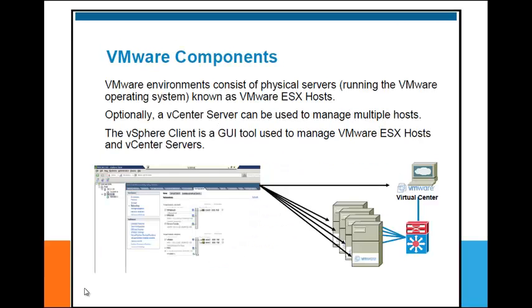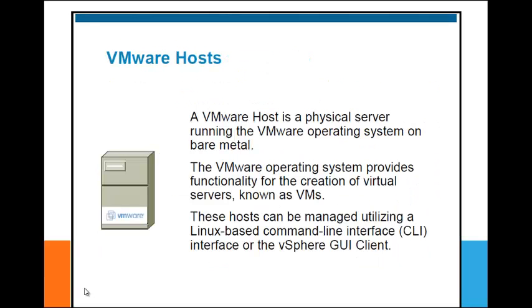Next is host. So the physical hardware, the physical server that has got a VM host, VMware operating system, like ESXi or ESX, on a bare metal. The VM operating system provides a functionality for creating virtual servers known as VMs.